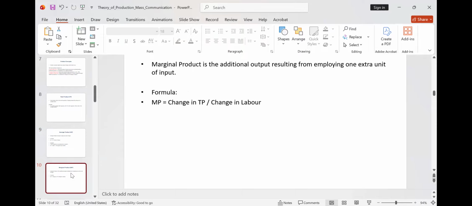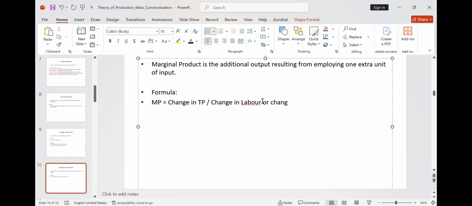Marginal product is the additional output resulting from employing one extra input, and the formula is MP is equal to change in TP divided by change in labor or change in capital.